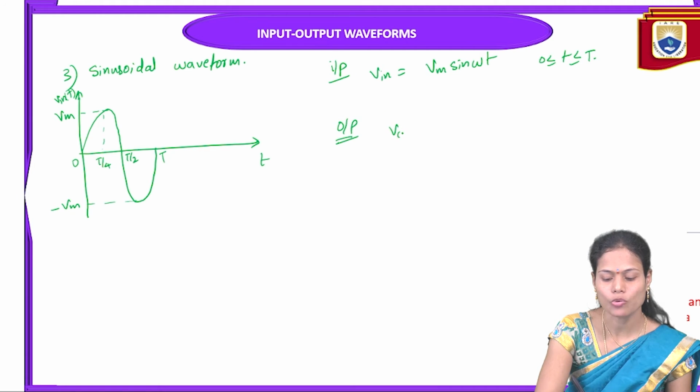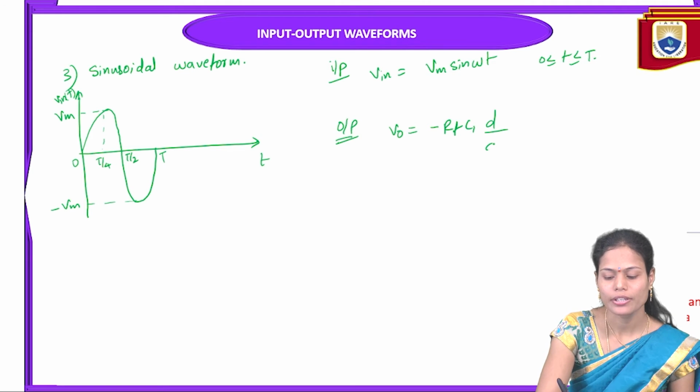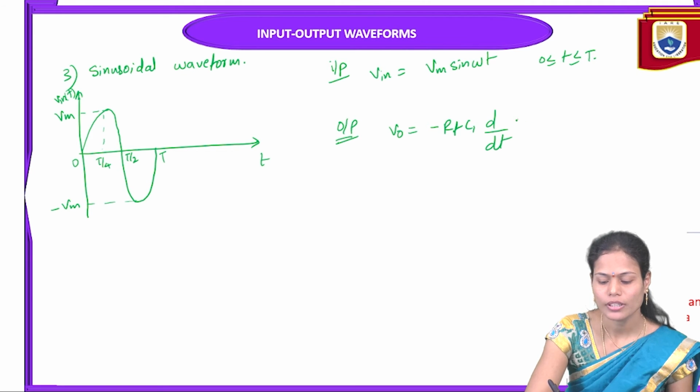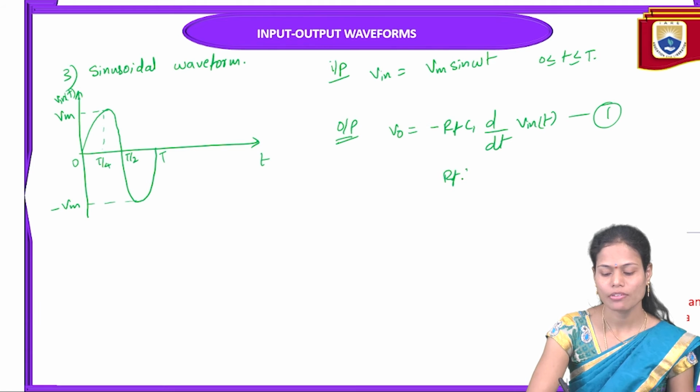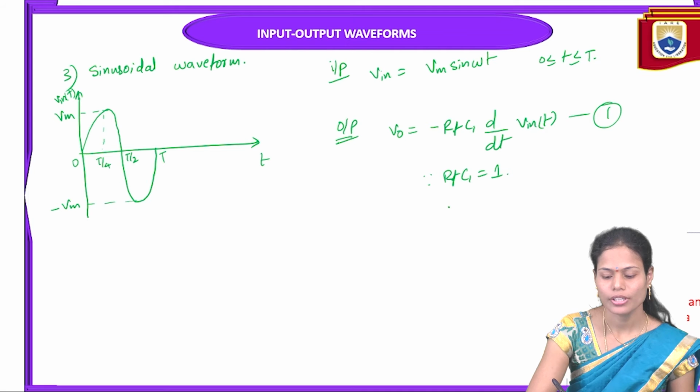From the output equation I can write V naught equal to minus Rf C1 d by dt of V naught of t. Now substitute the value of Rf C1 as well as V naught of t here. My Rf C1 value is 1 here, and V naught of t is Vm sine omega t.